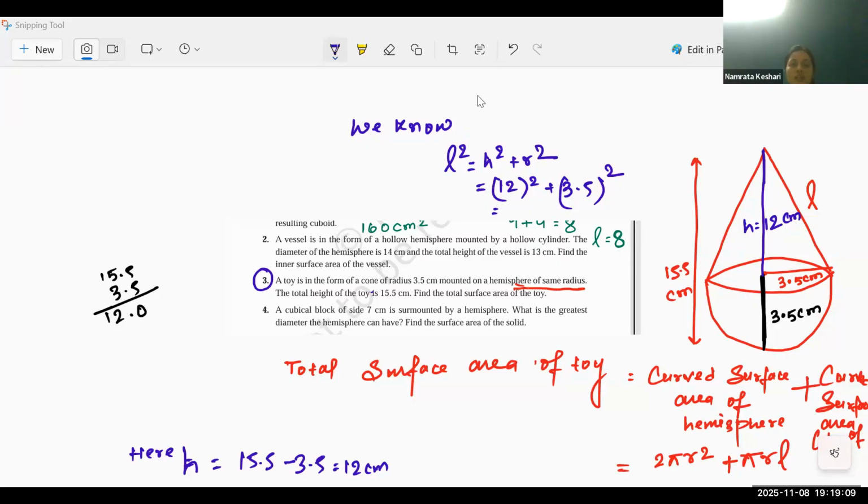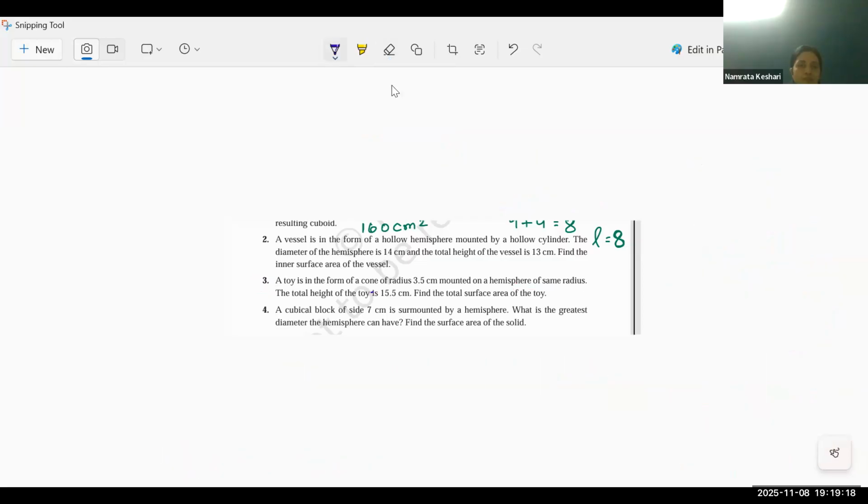So let's do the next question, number 4. A cubical block of side 7 centimeter. A cube we are having. Let me draw a cube.